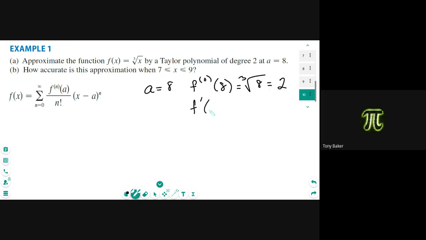The first derivative at 8. So we first have to find the first derivative of the cube root of x. The cube root of x is x to the 1/3. What's the derivative of x to the 1/3? 1/3 x to the negative 2/3. Yes, remember we bring down the exponent and subtract 1.